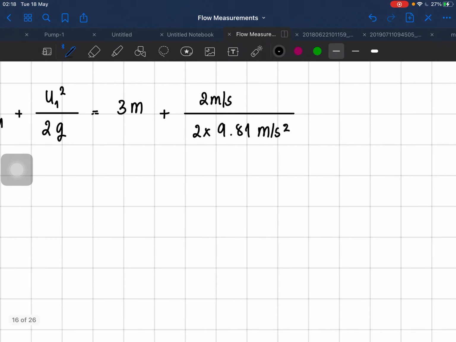And the answer is 3.20 meters. Not exactly, 3.101.